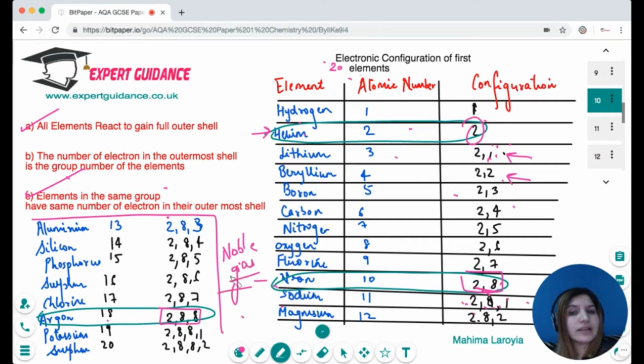On the other hand, to be stable, sodium has to lose one electron so that it can get a full outer shell configuration. Chlorine has to gain one electron in order to get a full electronic configuration. So this is how we analyze the electronic configuration, and these are all the pieces of information we can get from it.